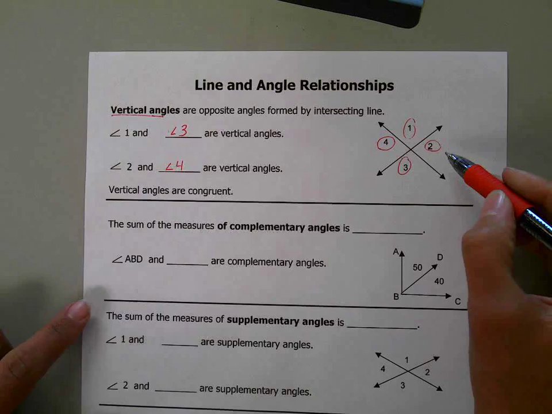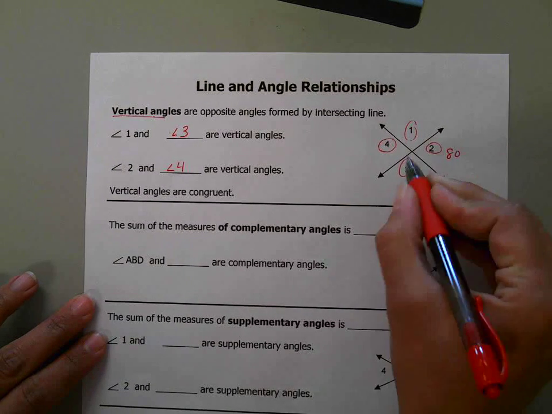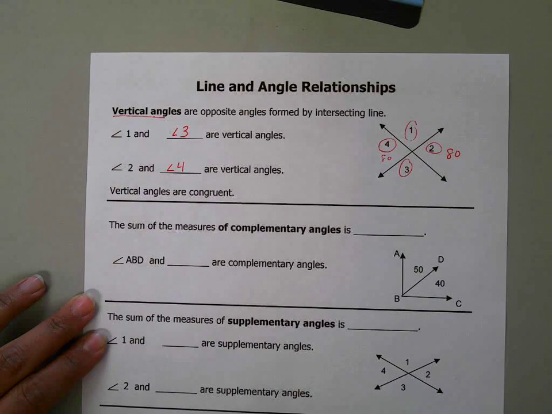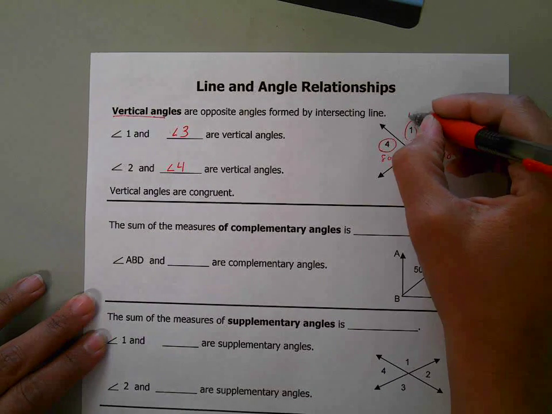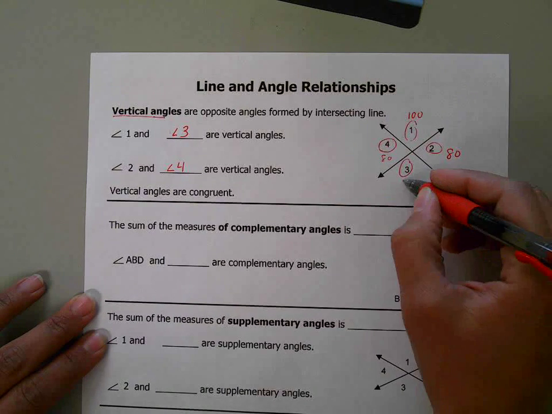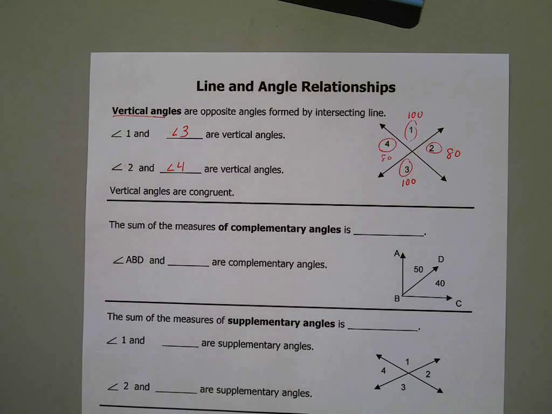So if angle 2 were 80 degrees, then angle 4 would also be 80 degrees. And if angle 1 were 100 degrees, then angle 3 would be 100 degrees. So vertical angles are congruent.